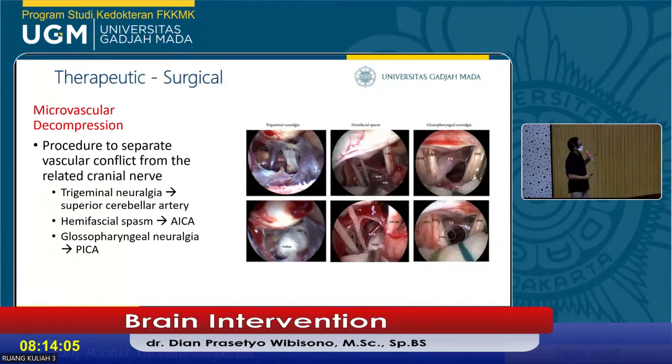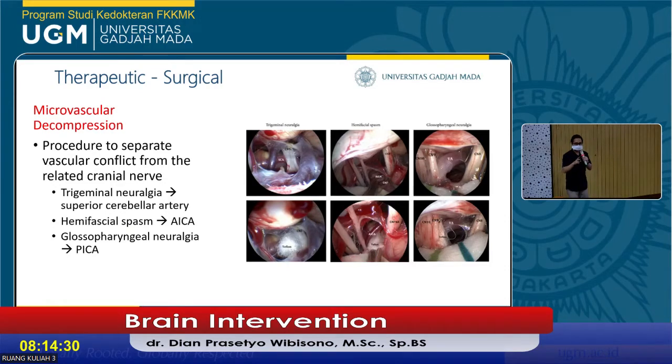Okay, this one is the microvascular decompression, the next surgical therapeutic brain intervention. Microvascular decompression is a procedure to separate a vascular conflict from a related nerve. So there is a case in which there is a neurovascular conflict.